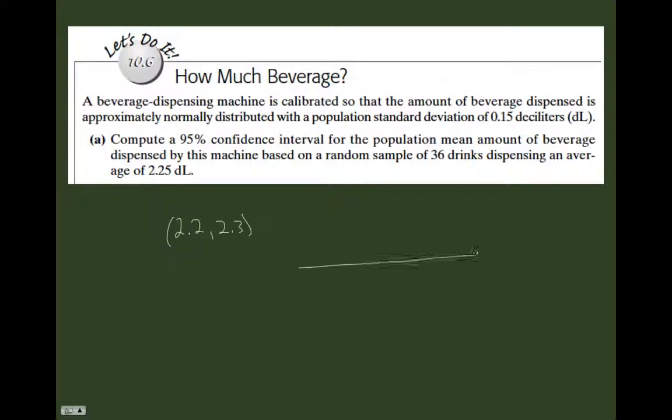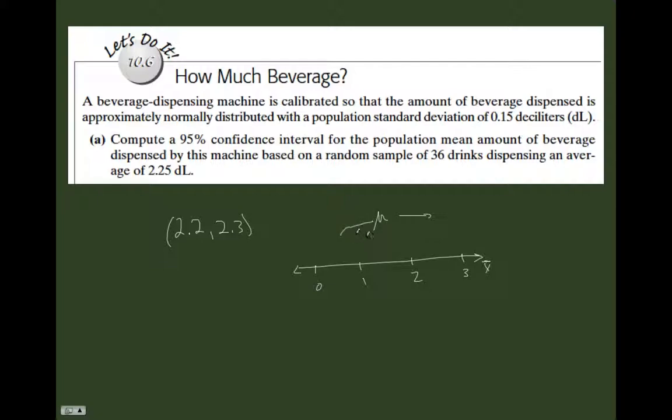And so what we want to be thinking about here is, okay, we've got a scale. And mu is unknown. That's what we're trying to estimate.